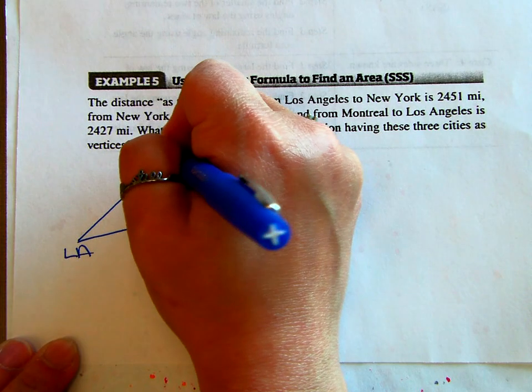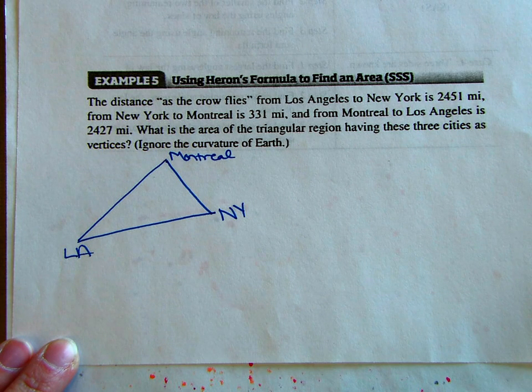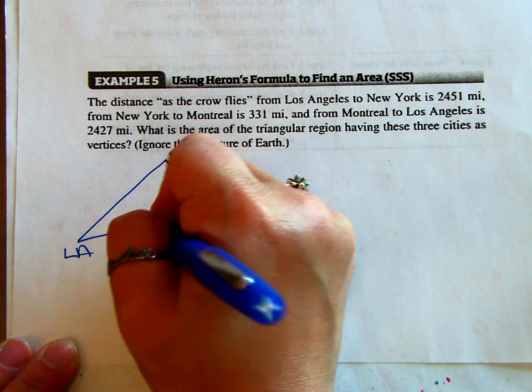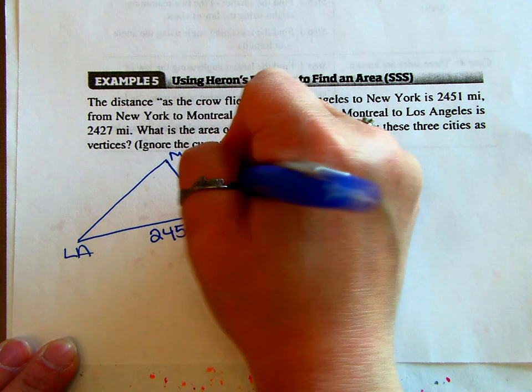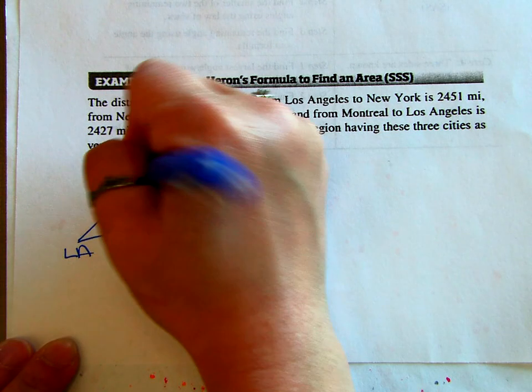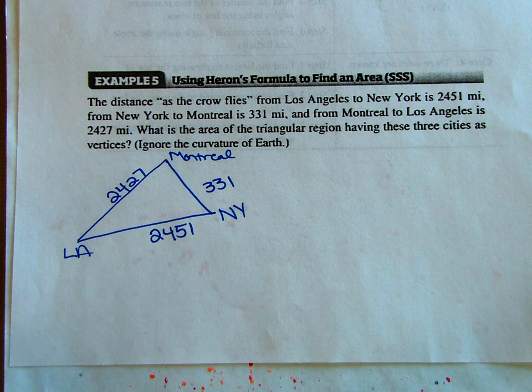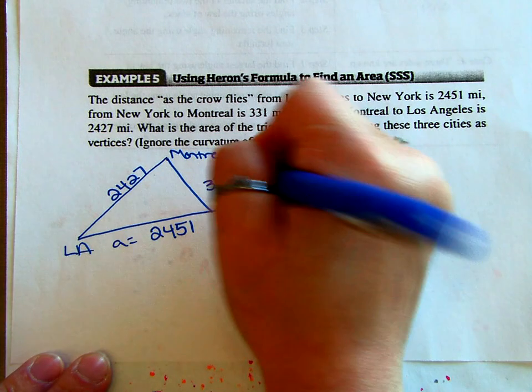They told me that LA to New York was 2,451, New York to Montreal was 331, and Montreal to LA was 2,427. Now, we're not doing anything with angles on this because we are finding the area. So I'm going to call one side A, one side B, and one side C. It literally does not matter which one you call which at all.